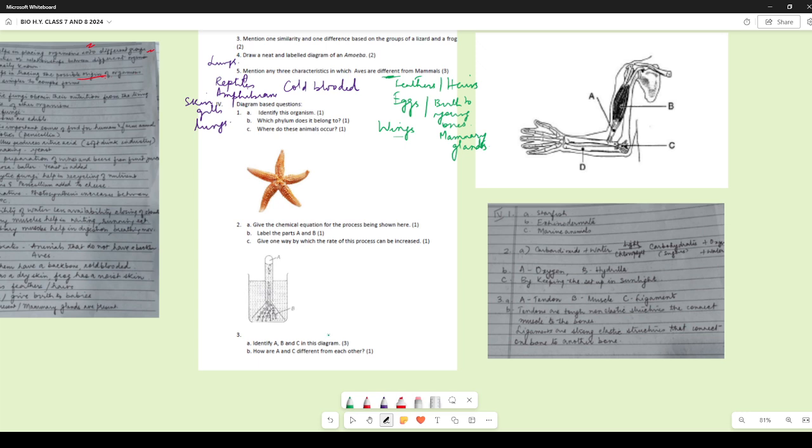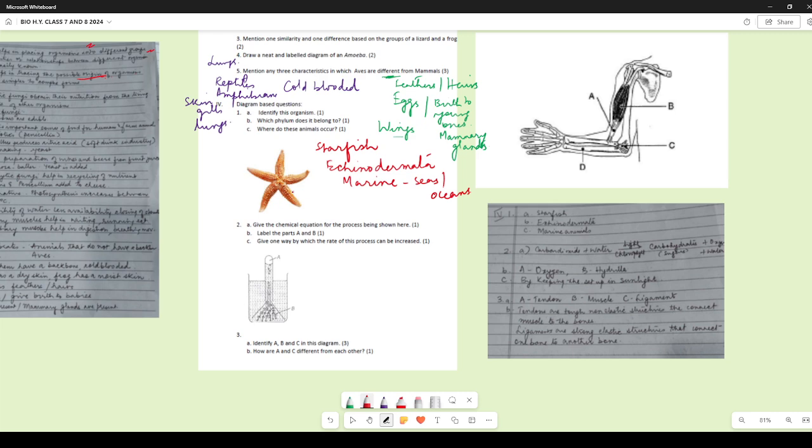Identify this organism. So what is this organism? This is a starfish, right? Which phylum does it belong to? It belongs to Echinodermata. Where do these animals occur? They are marine animals, so they would be found in seas and oceans.